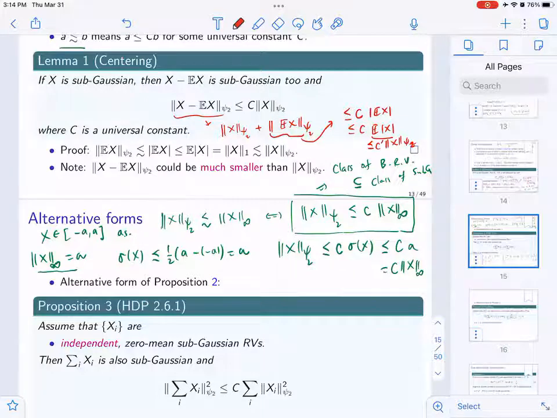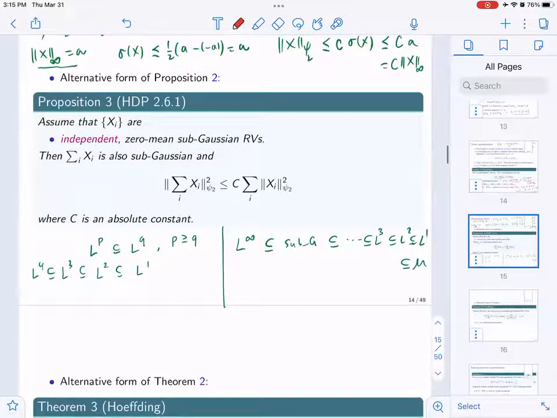If the expectation itself is very big, you're bounding this by the psi2 norm, but this term could be much bigger than the psi2 norm of the deviation. The size of the expectation is usually much bigger than the subgaussian concentration parameter. So be careful: this is sometimes good, but you have to know where to use it. It's not always good.